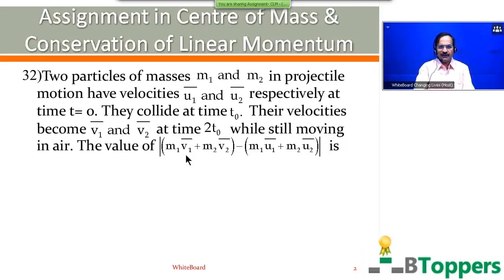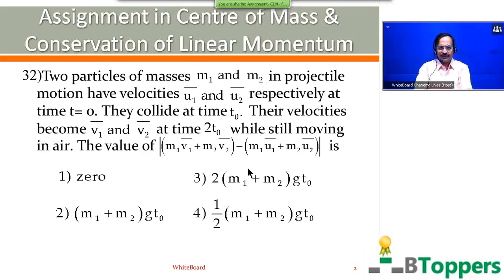The value of modulus of (m1 v1 bar plus m2 v2 bar) minus (m1 u1 bar plus m2 u2 bar) is. So there are 4 options on screen. Come on, try to answer the question.